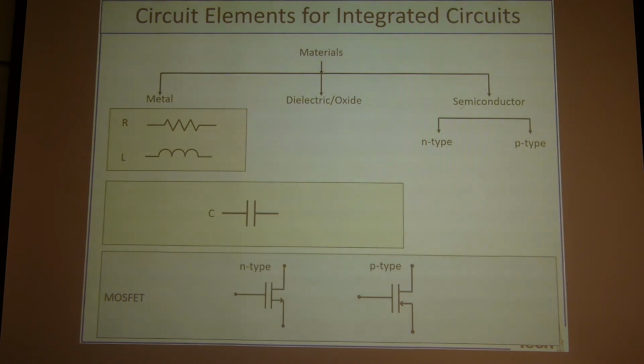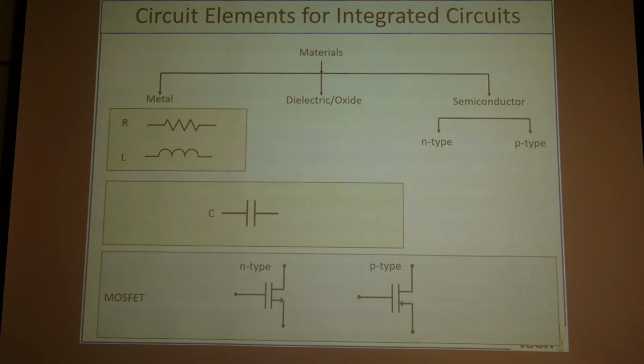It's a semiconductor. Silicon is considered a semiconductor. The semiconductor is somewhere in between the metal and the dielectric or oxide insulator. Semiconductor, as the name suggests, is semi-conductive. Sometimes it conducts current, sometimes it does not. So this is somewhere between the metal and the insulator.